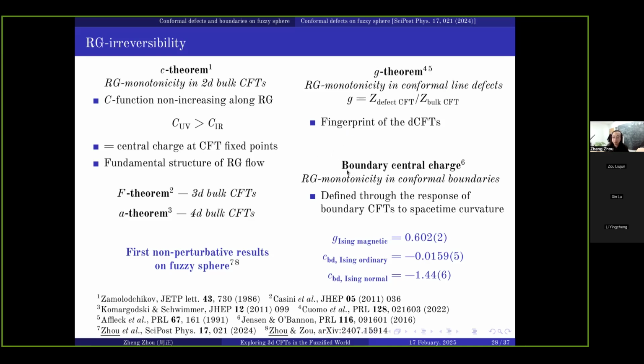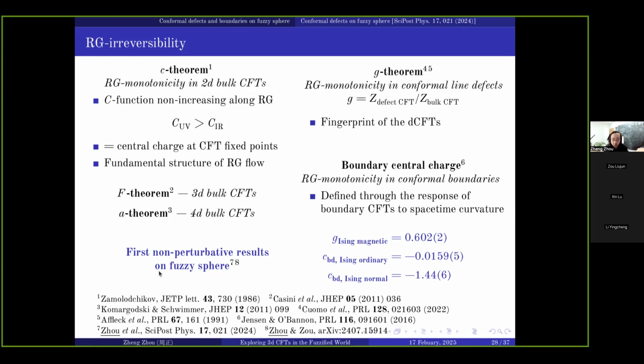And we can similarly define the boundary central charge, which is RG monotonic in the conformal boundaries through its response to the space-time curvature. Such quantities are very, very important as they are fingerprints of the defect CFTs or the boundary CFTs, but they are very difficult to calculate non-perturbatively.